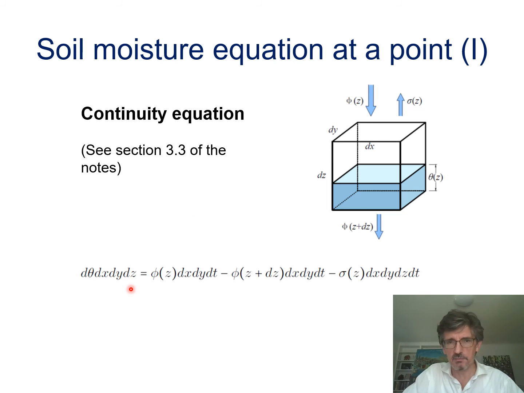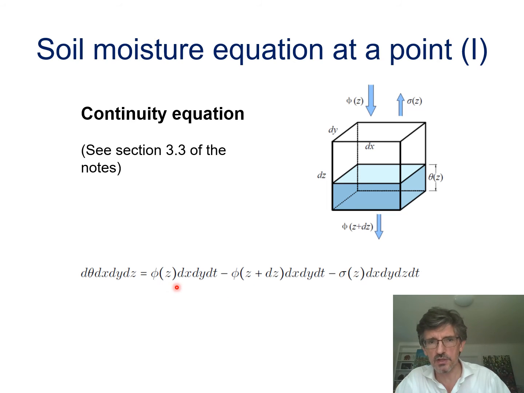So let's write the balance equation related to this picture. We have the amount of moisture in the soil changes. So d theta times the volume of the little control volume that we have must be equal to inputs minus outputs.